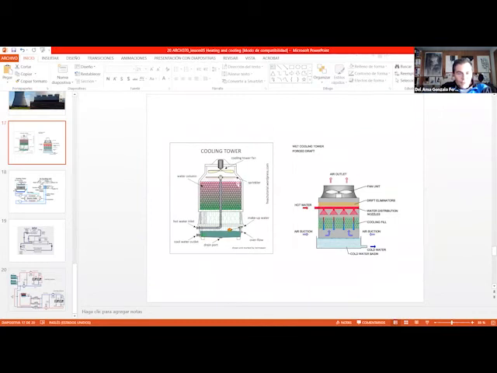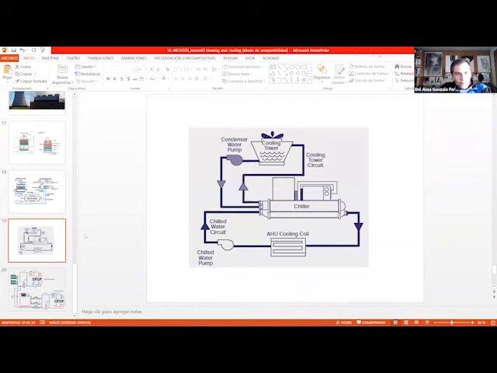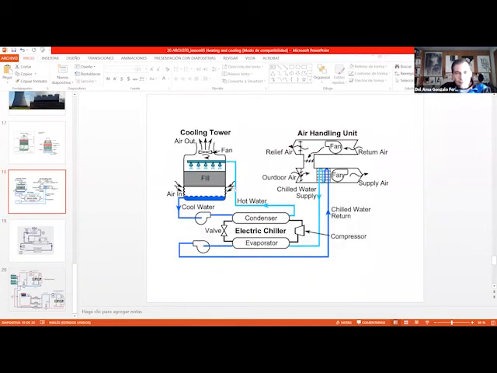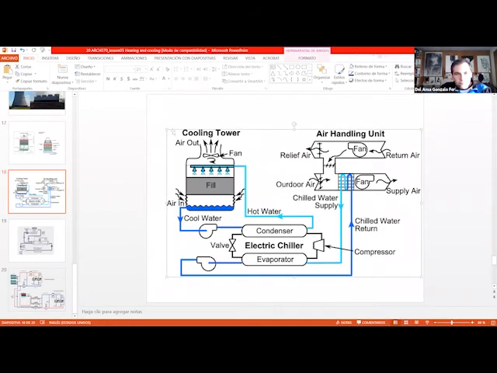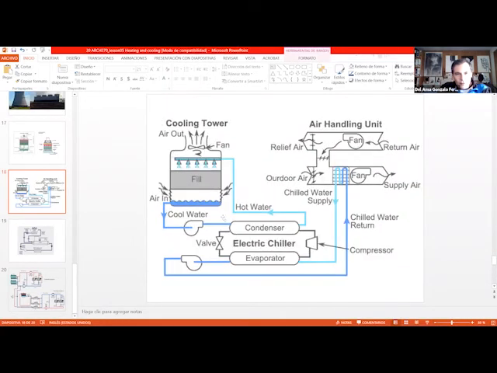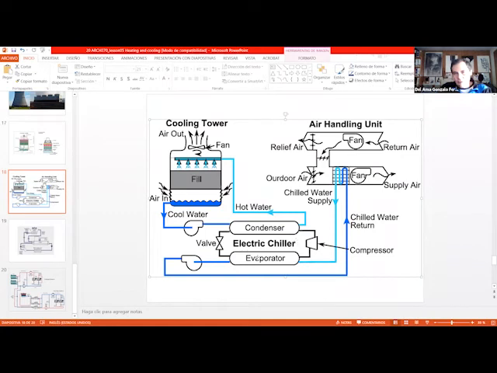And how does it work? Well, basically, in these schematics, we can see what's going on. This is the chiller. Here we always have an expansion valve, a compressor, an evaporator, and a condenser. So the chiller has the same components we had in the ground source heat pump.